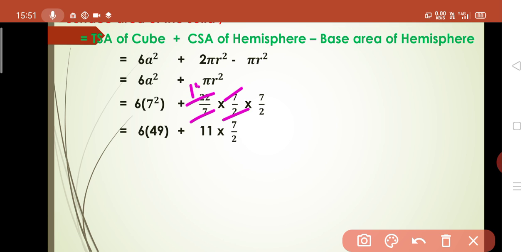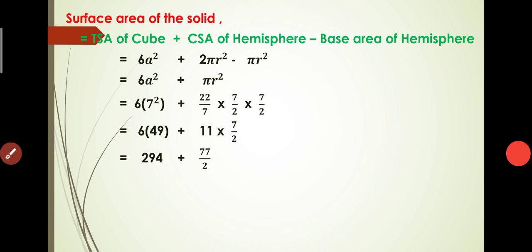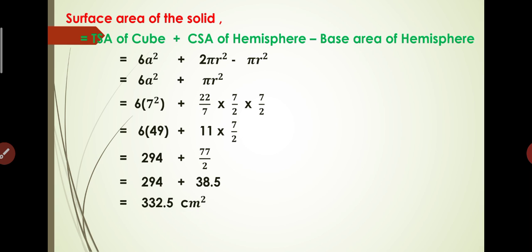So 11 into 7 by 2. 6 into 49 is 294, plus 7 into 11 is 77, divided by 2. 294 plus, if you divide, what you will get? 38.5. Add it. 332.5 centimeters square. Since it is the area, you have to mention the unit as centimeter square. So surface area of the solid is 332.5 centimeter square. Is it clear?